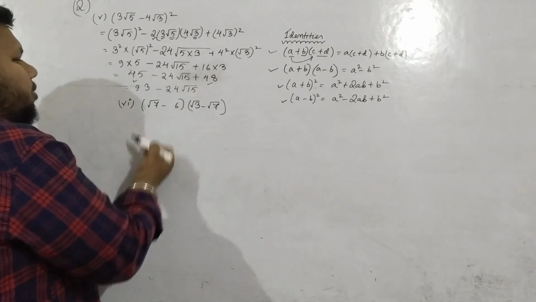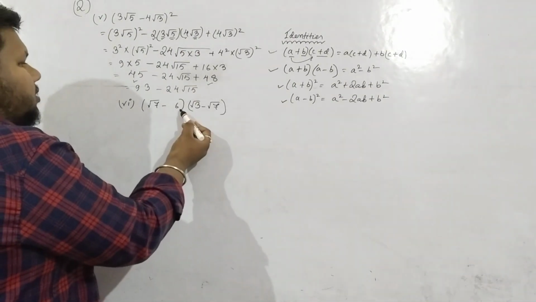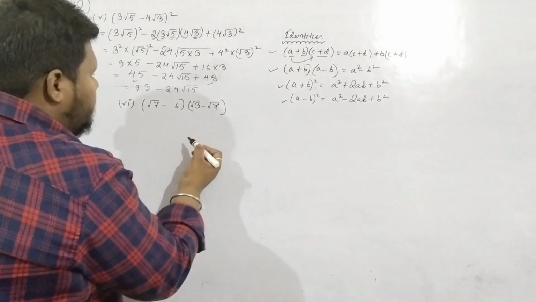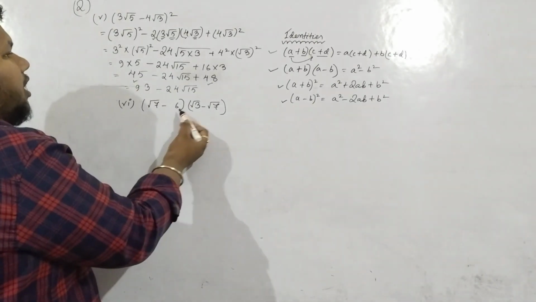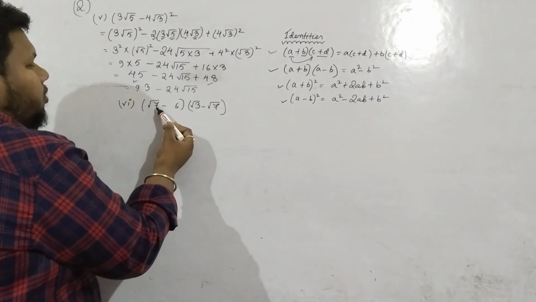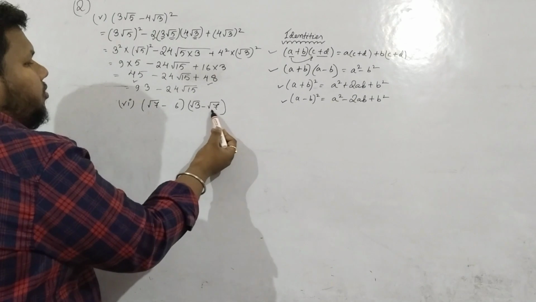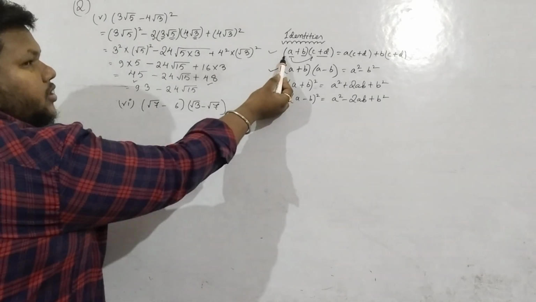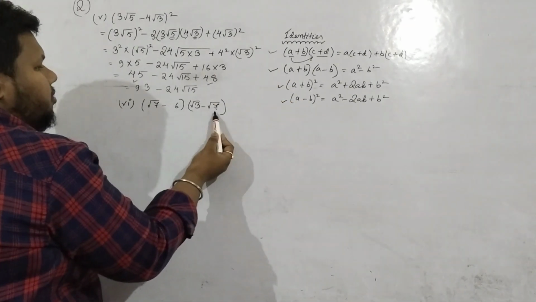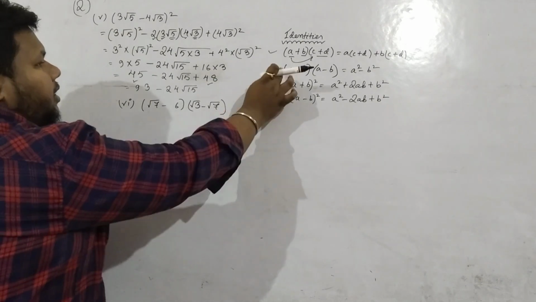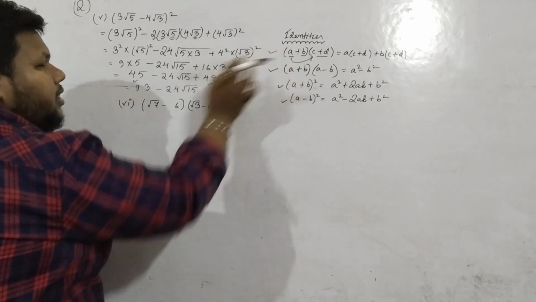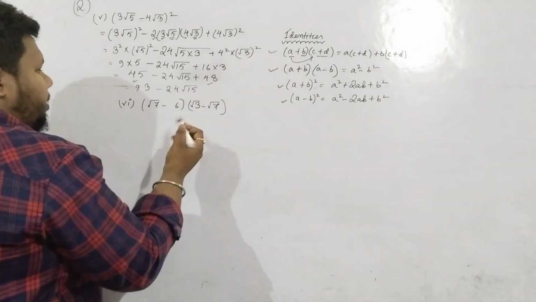So now question number 6: root over 7 minus 6, into root over 3 minus root over 7. You first tell me which property will come here. Root over 7 minus 6 and root over 3 minus root over 7. Yes, the first one, right? Because these terms do not fall in that category, obviously it will fall under the distributive property.